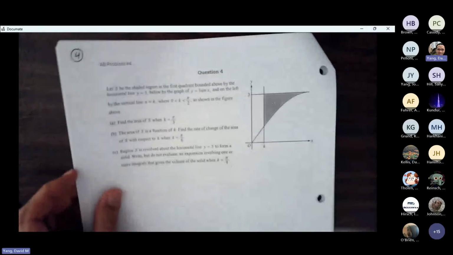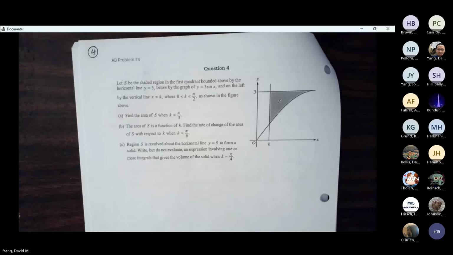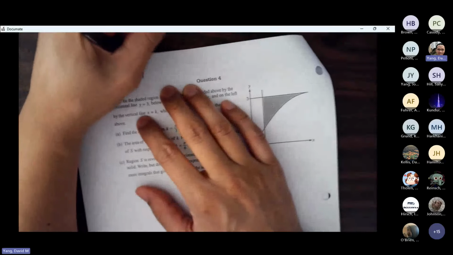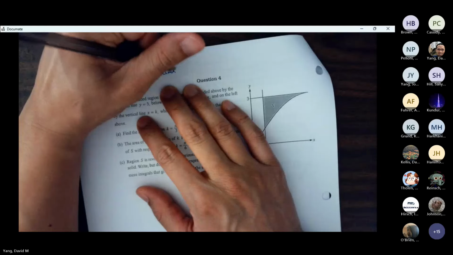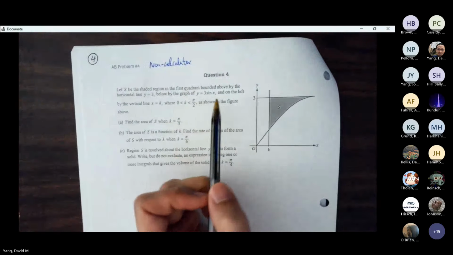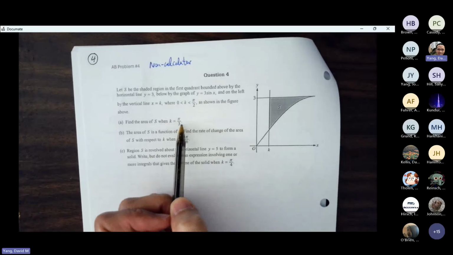All right, number 4. Let S be the shaded region in the first quadrant bounded by the horizontal line y equals 3. So now we're moving, sorry, number 3 was non-calculator. This is also non-calculator here. Okay, find the area of S when k equals pi over 3.